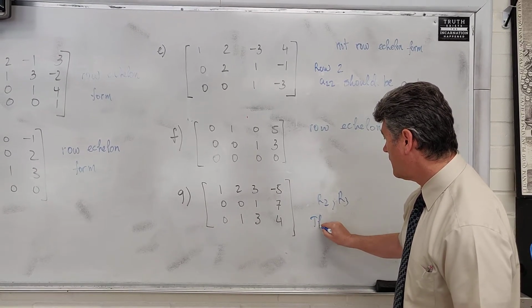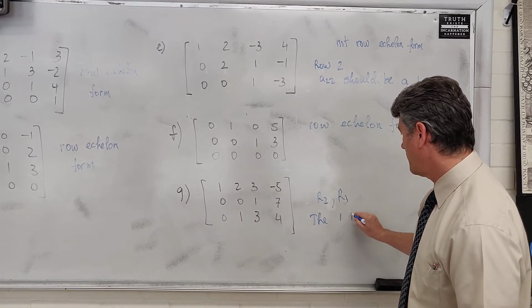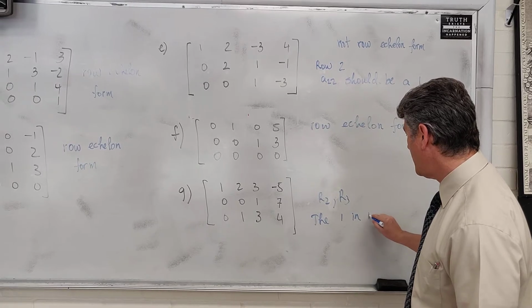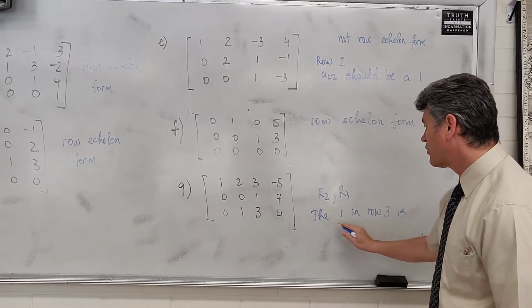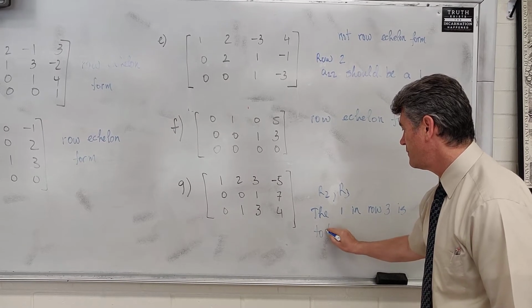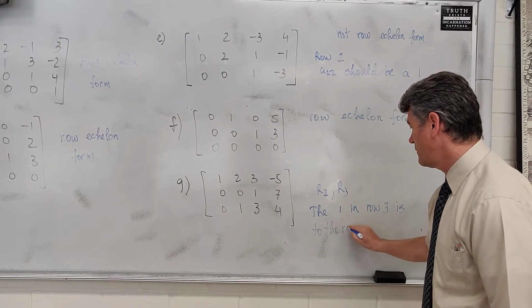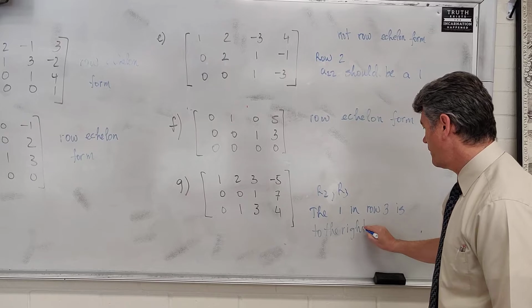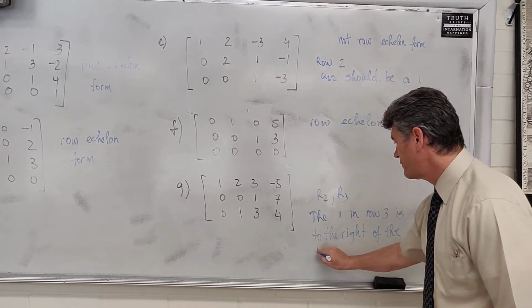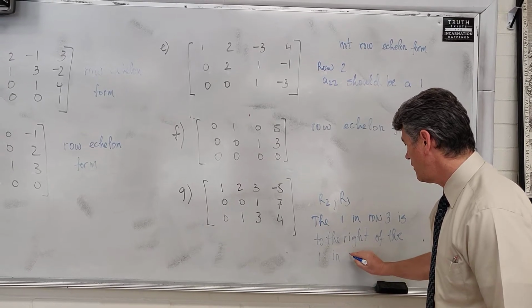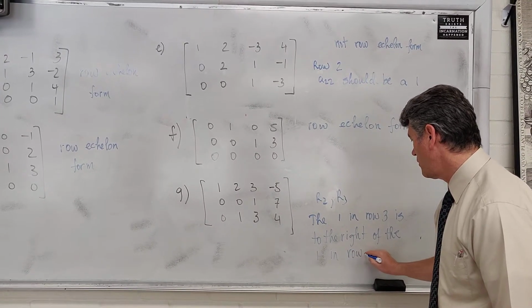The 1 in row 3 is to the left of the 1 in row 2.